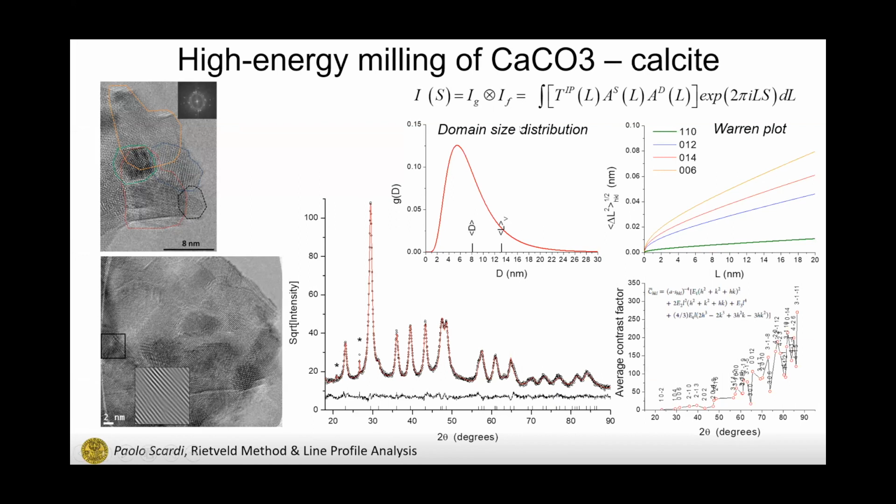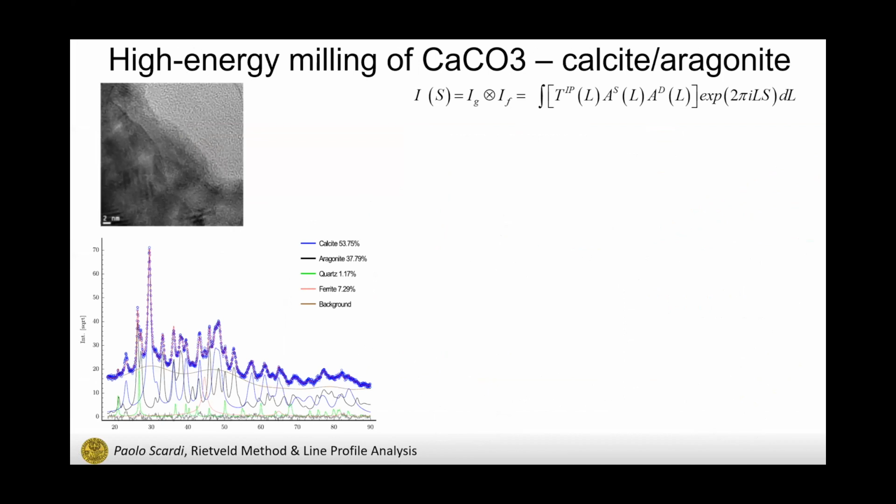Yet another example of calcium carbonate I'm showing you. In this case, with the particular grinding condition, we can see both calcite and aragonite, which is quite common in milling processes.